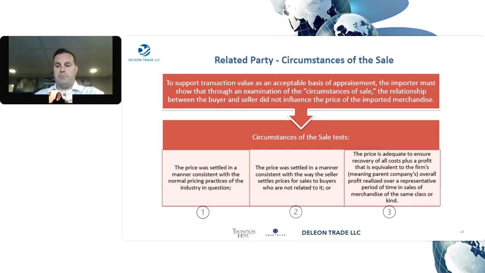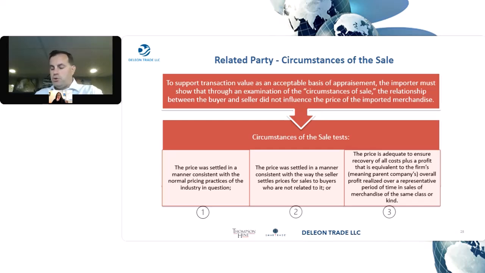The seller makes 20%. But if the parent company's sales on that segment of goods of the same class or kind, let's say the parent makes 25% or 30%. In that case, when we do that comparison, you wouldn't meet the test for customs purposes, and you'd have to use either test 1 or test 2 to meet the test.